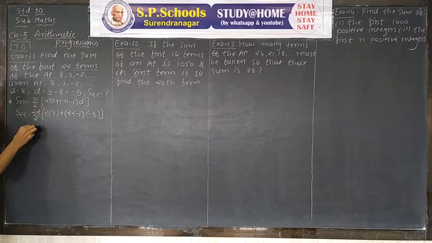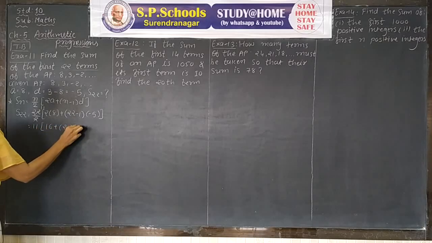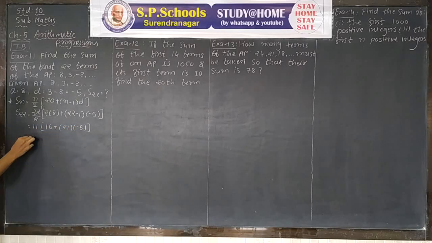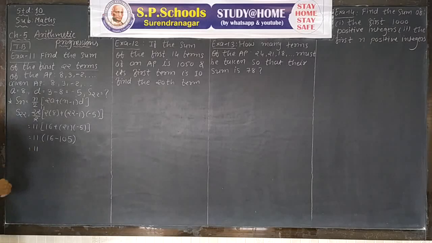Cut is possible, 11 2s are 11 is here into bracket 2 8s are 16 plus 21 minus 5, bracket is over. 11 into bracket 16 plus minus 21 5s are 105, bracket is over. 11 as it is, now we subtract 16 from 105.